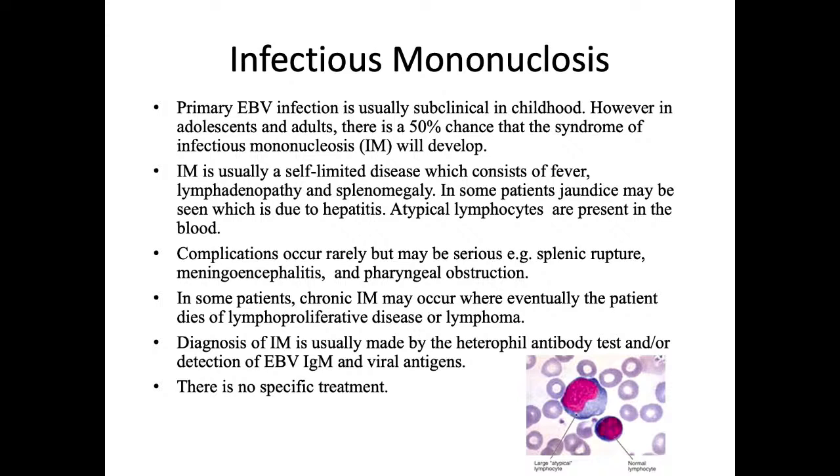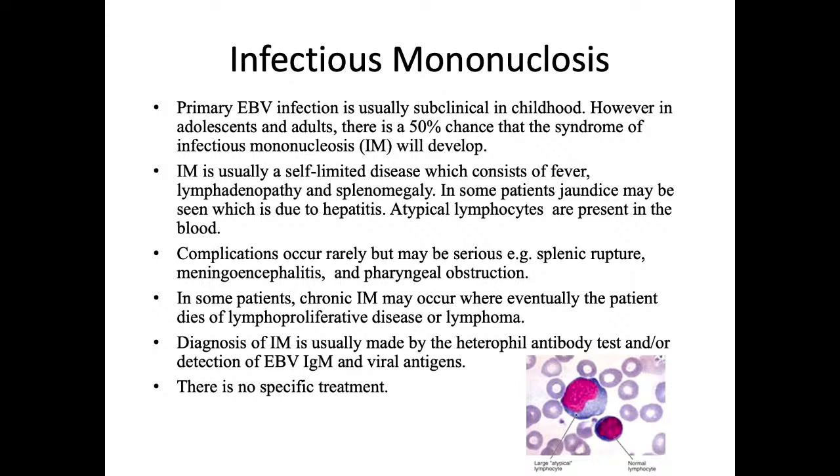This is the monospot test. These heterophil antibodies can agglutinate sheep red blood cells. So if infectious mononucleosis is suspected, this simple monospot test can be used to see if it's CMV infection or EBV. If the monospot test is positive, it means that heterophil antibodies are produced and it is Epstein-Barr virus infection.